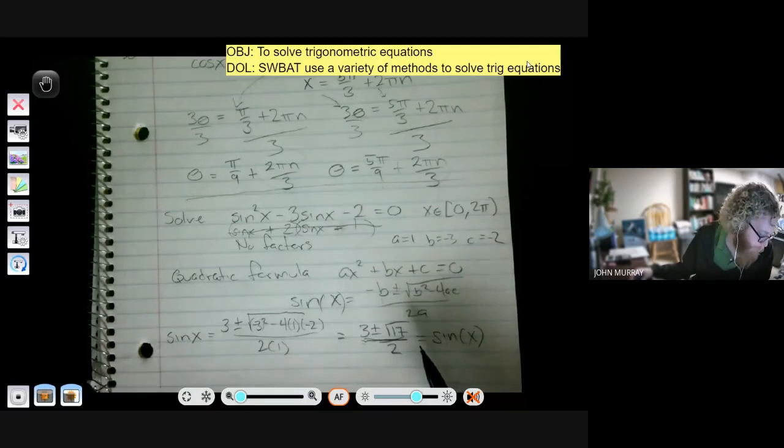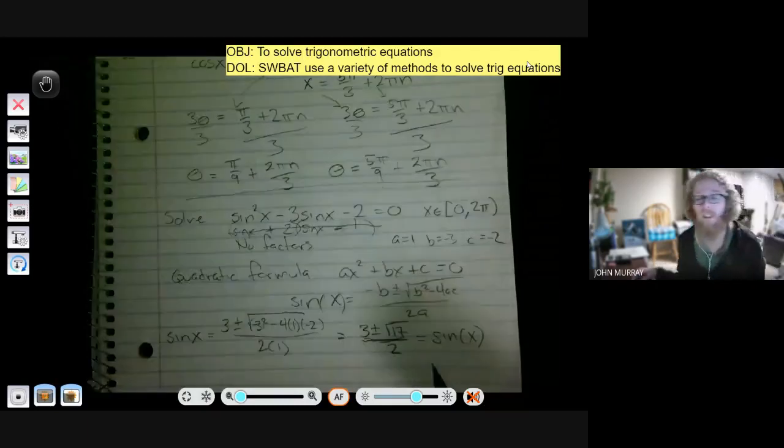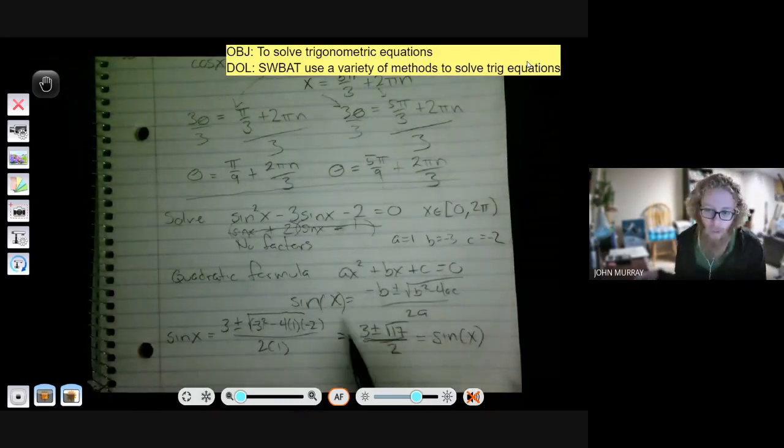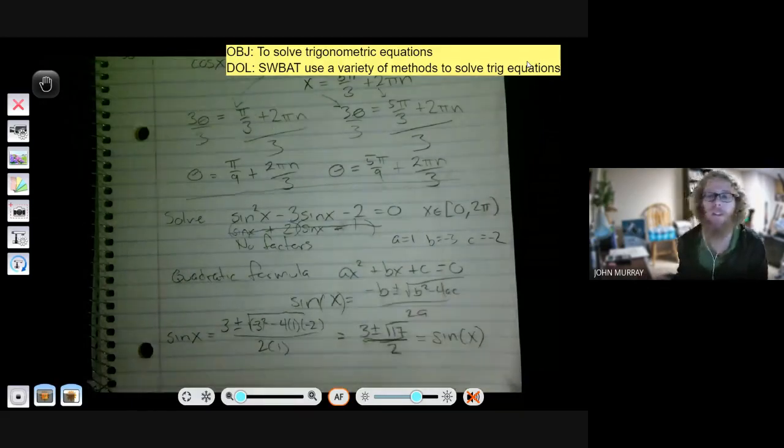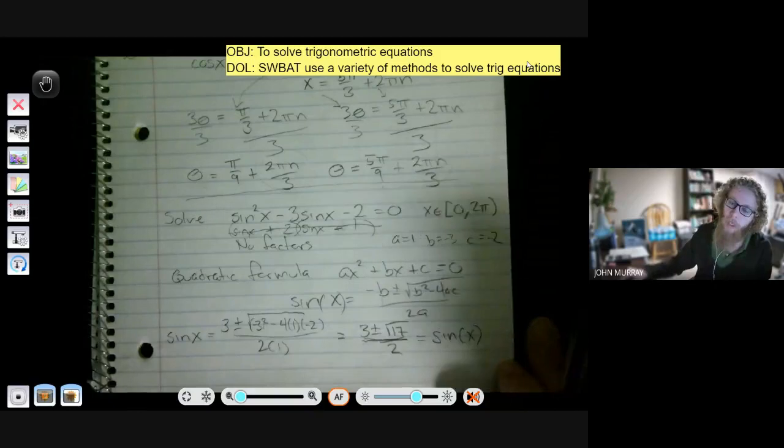It's not complex, because it doesn't have an imaginary part in it, but it's a difficult quotient with a radical. It's a messed up number.